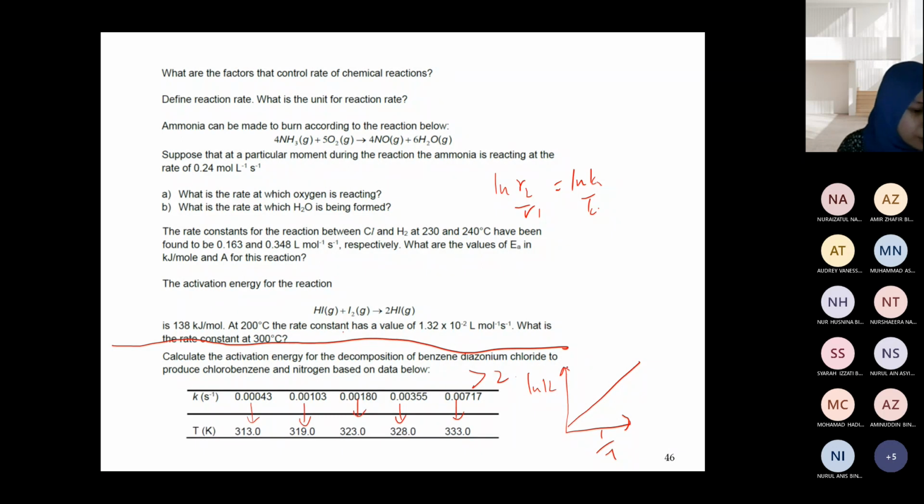So far clear ke tak? Nak saya terangkan ke kenapa dia ada slope ni? Alright, sebenarnya basically adalah daripada equation asal which is K is equal to K naught E to the power over RT. Okay, so daripada sini you akan dapat pecahkan, you akan dapat ln K1 over K naught is equals to E over R, 1 over T naught minus 1 over T1.